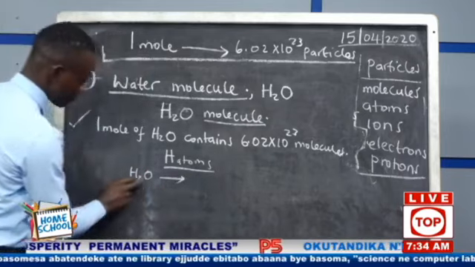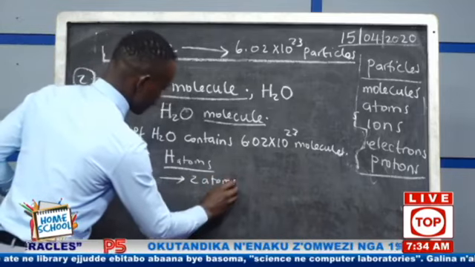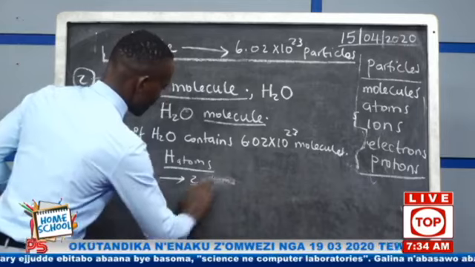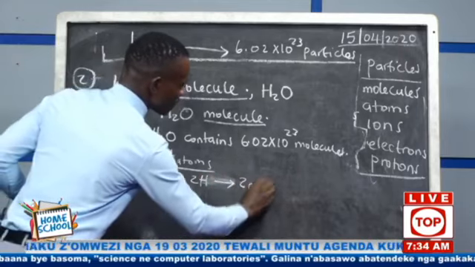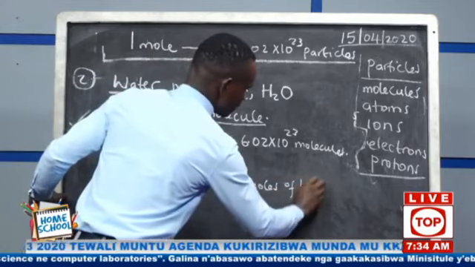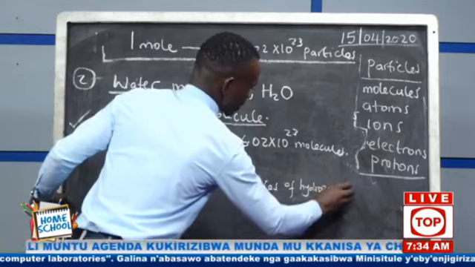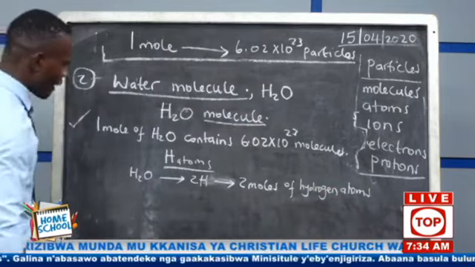We have 2 atoms. Okay? That is 2H, meaning it is having 2 moles of hydrogen atoms.